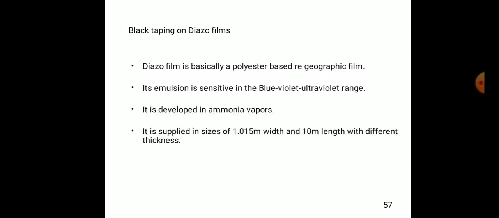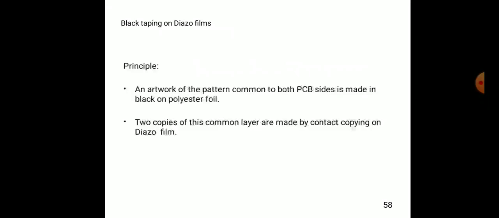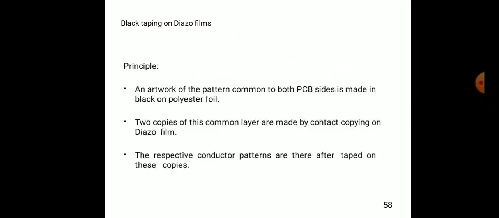It is supplied in sizes of 1.505 millimeter width and 10 millimeter length with different thicknesses. We are using the black taping. The principle is an artwork of the pattern common to both PCB sides is made in black on polyester foil, whichever is the common, that is in the black form.